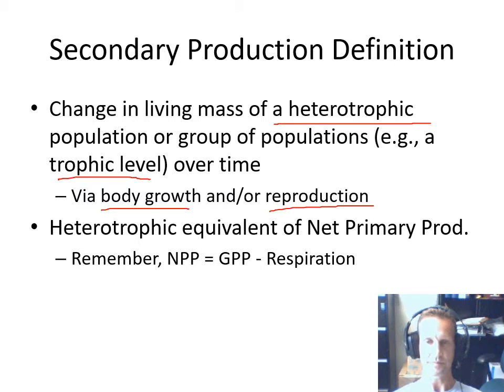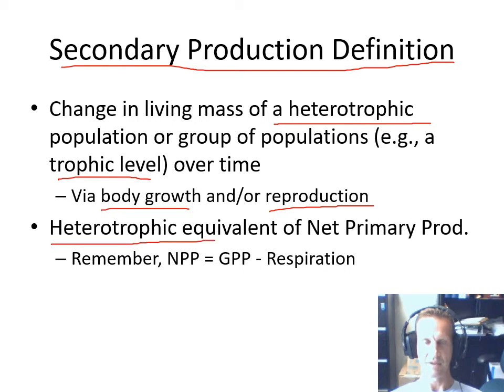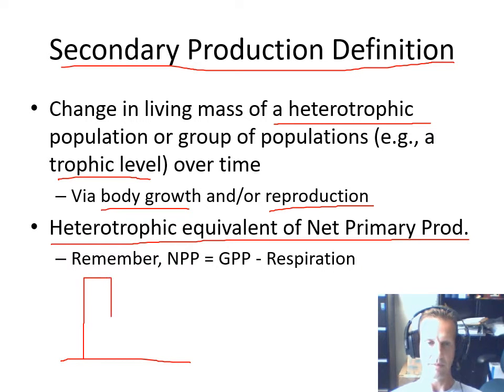So secondary production is also defined as the heterotrophic equivalent of net primary production. So when we talked about primary production, we talked about how there's gross primary production, which is the total amount of organic matter made by photosynthetic organisms over some period of time.